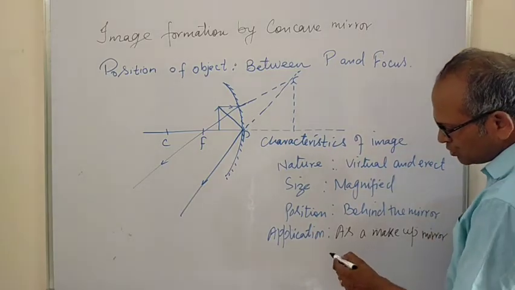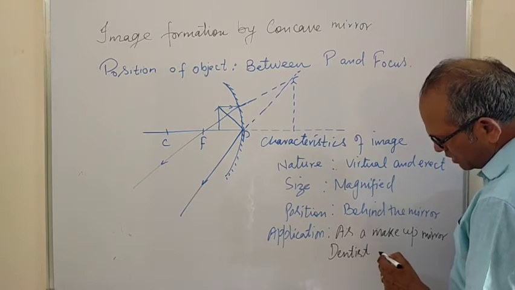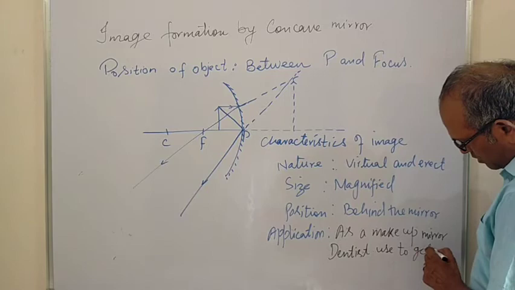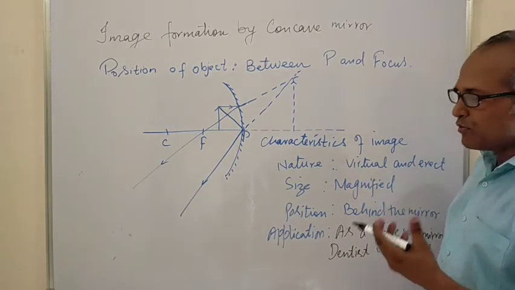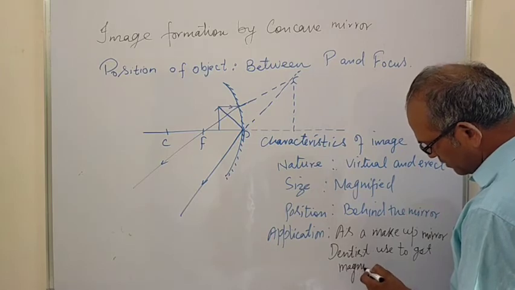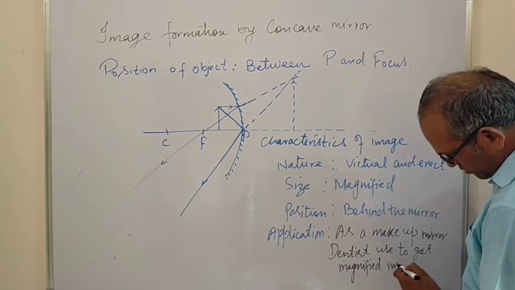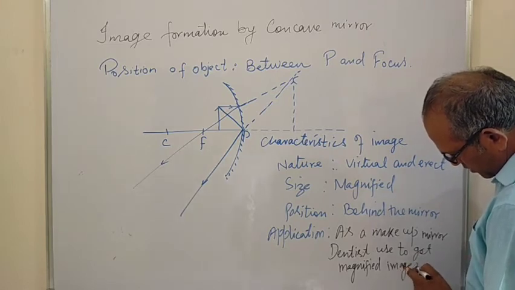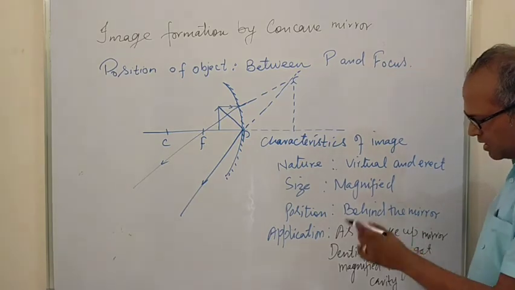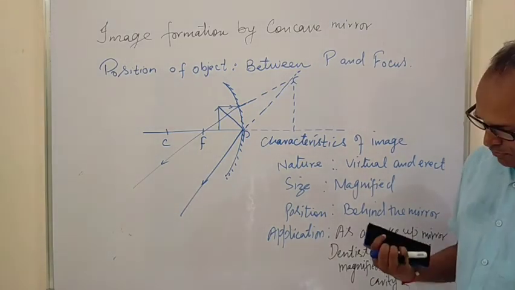The dentist also used it to get magnified image of the teeth, to get magnified image of cavity. Okay, so this is how it is used in our daily life.